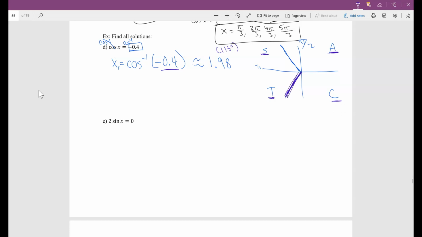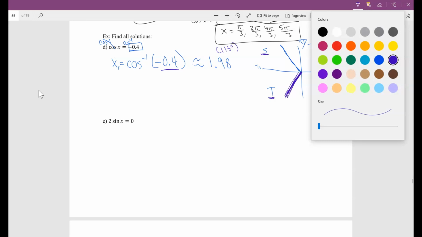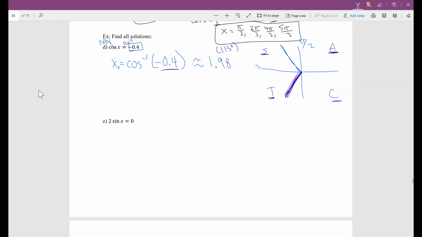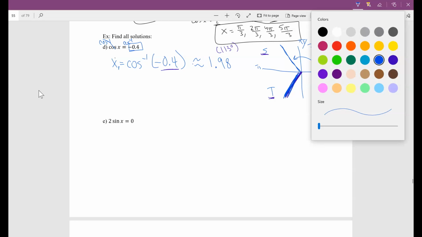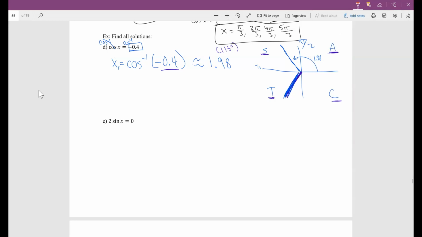What angle is this? Here's where you have to tap into your geometry. This whole thing is 113 degrees, or 1.98 radians. What we need to figure out is how much further I have to go to get here. Let's figure out what this angle is, because this angle and this angle should be exactly the same.